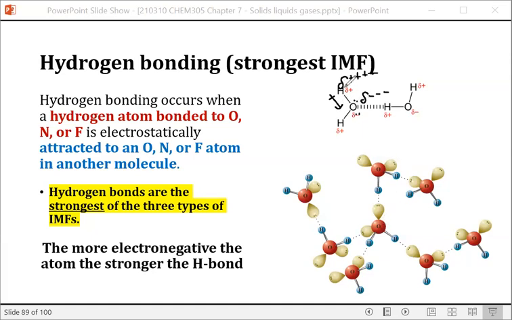The electrons aren't completely transferred like in an ionic bond, but they're pulled really close to oxygen. So oxygen ends up being really delta negative, and hydrogen ends up being really delta positive. And then the opposite charges on adjacent molecules are going to attract. So the super delta negative oxygen on one is going to be attracted to the super delta positive hydrogen on an adjacent molecule. So if we look at water in detail, water can form 4 hydrogen bonds.